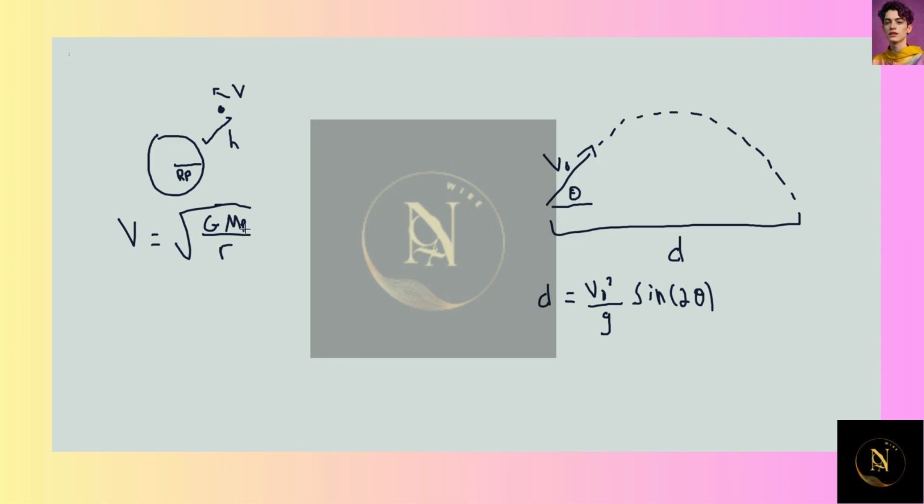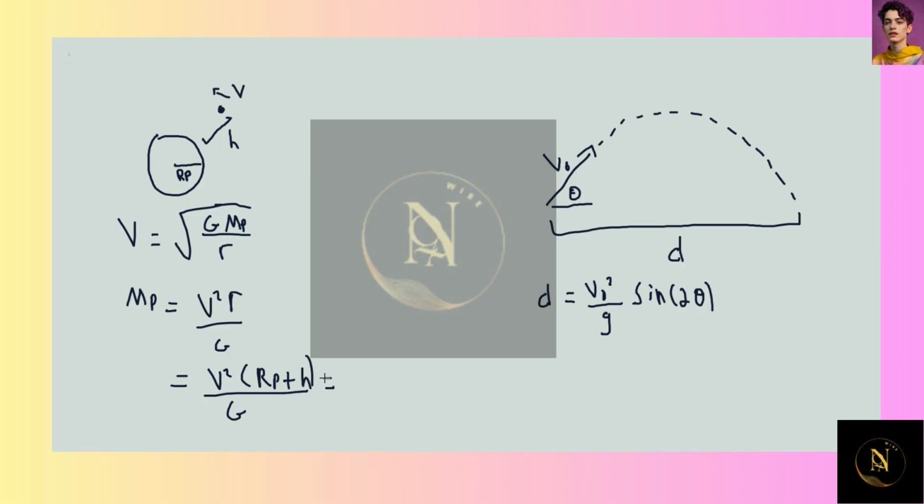So we can solve for Mp, squaring both sides and moving these terms, we get that Mp is equal to v squared times r over G. And r here, remember, is just the radius of the planet plus h.